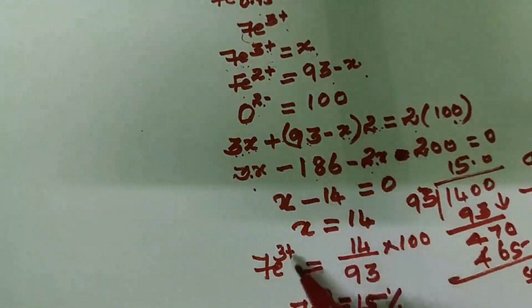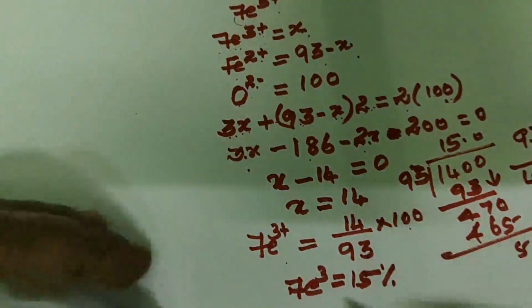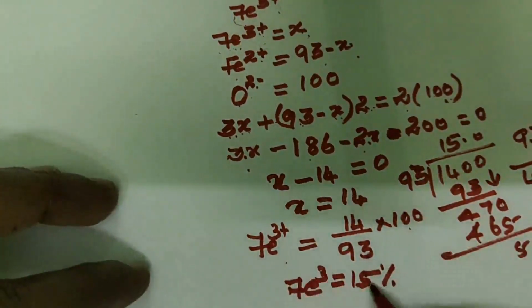So x is equal to 40. Fe3+ is 40 out of 93, so the percentage of iron Fe3+ in the crystal is about 50%.